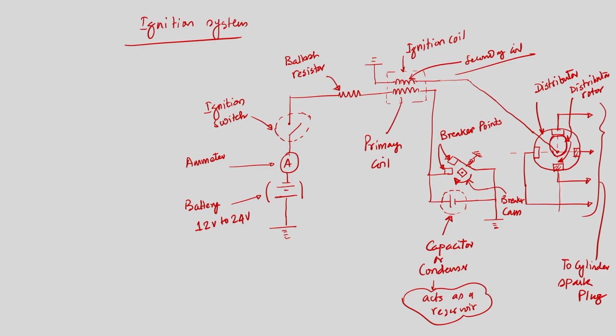Using this ignition circuit and this battery of 12 volt, we can create the high voltage required to initiate combustion in the engine cylinder.